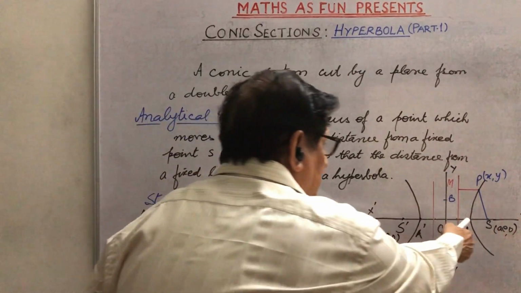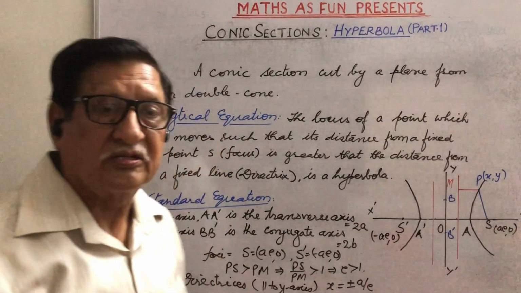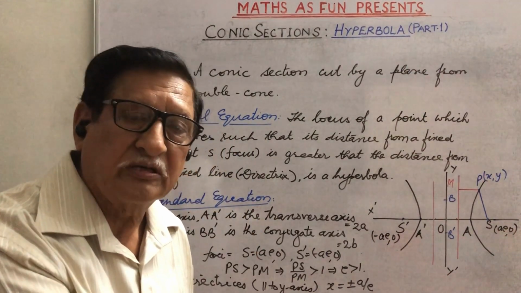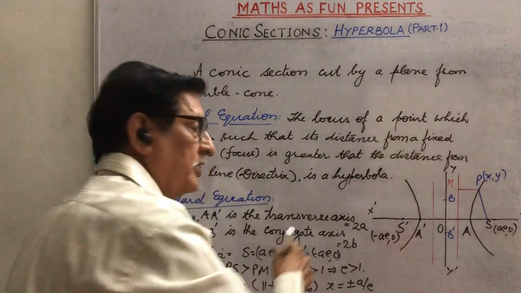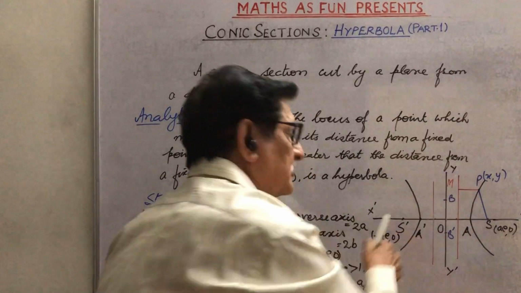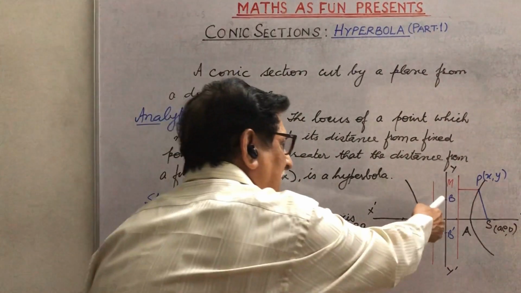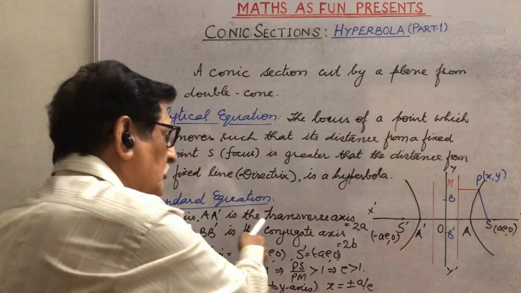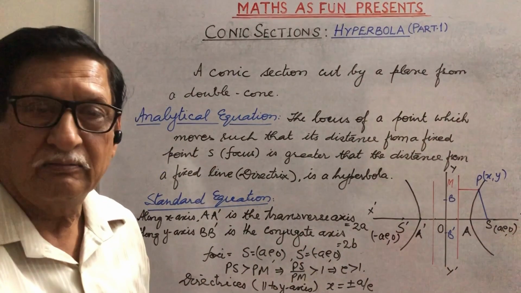And AA dash is known as its transverse axis, which is along the x-axis. The length of the transverse axis is taken as 2a. Perpendicular to this transverse axis is the other axis, which is BB dash. It is known as the conjugate axis, and the length of it is taken as 2b.